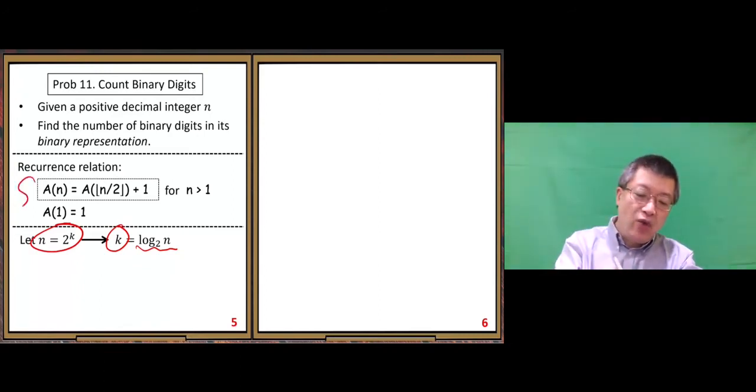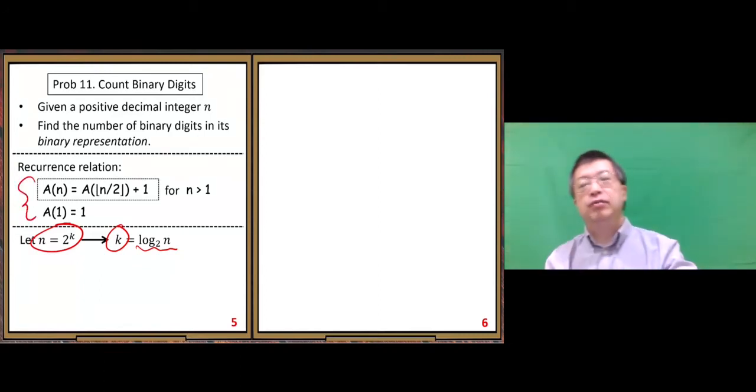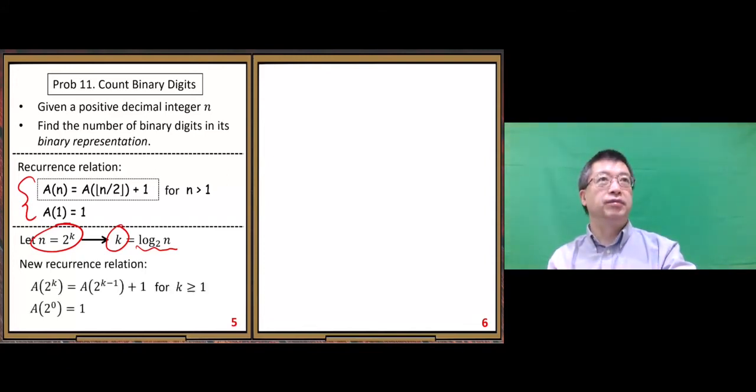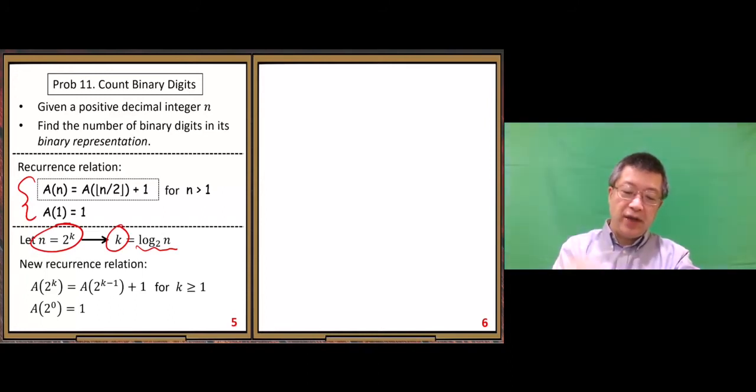Then let us rewrite the original recurrence equation. This time we will have a power of 2 as the parameter of the function. So you can see we get that.